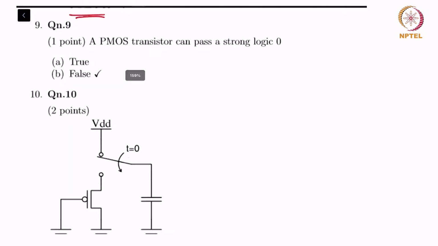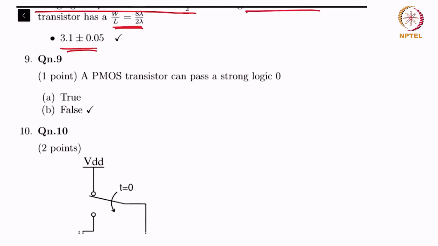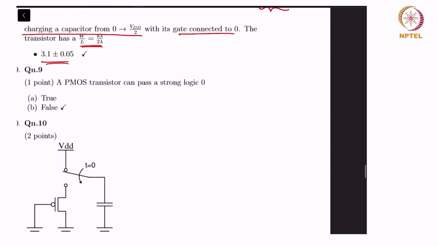In question 9, we are asked if a PMOS can pass a strong logic 0. Of course, if you have a PMOS, the idea is that you have a PMOS whose one terminal is connected to the ground and the gate is connected to ground, and let's say you have a capacitor that's charged to Vc of 0 minus equal to VDD.